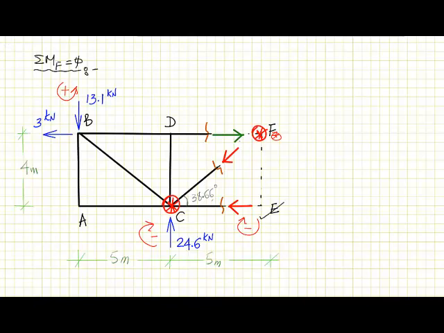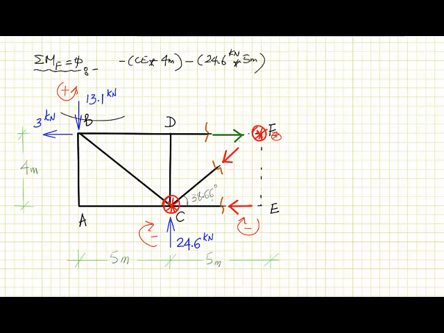Starting with this one, which is minus, it is minus CE multiplied by the distance between CE and F, which is 4 meters. Then we go to this one, it is minus 24.6 kilonewton multiplied by the distance between this force and F, which is 5 meters.